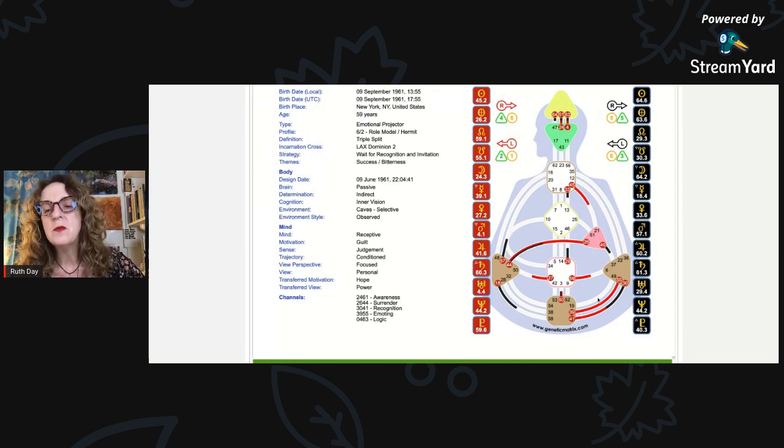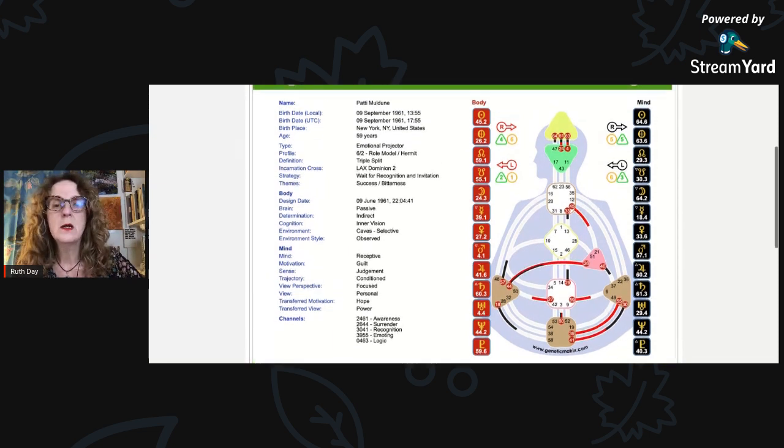Not a reflector because there is definition in the chart. So this person is what's called a projector. This one is kind of a process of elimination. So no throat, no sacral, that makes someone a projector. Unless they had none of these things, and then they would be a reflector. Okay, clear as mud.